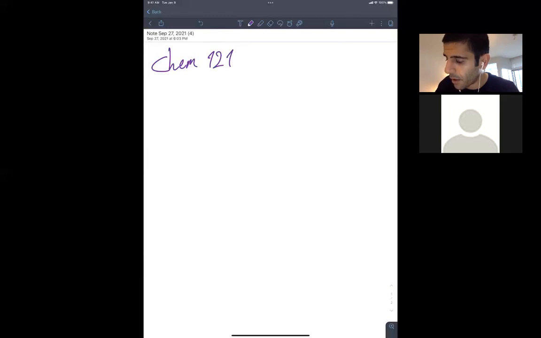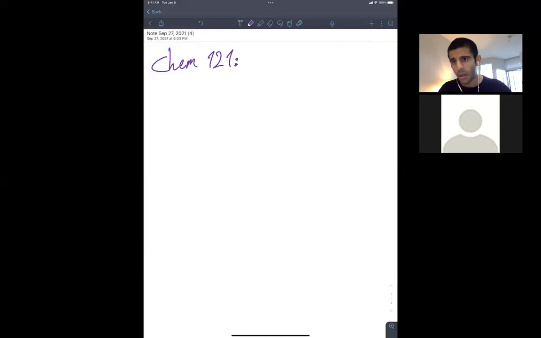CHEM121. And it also applies to CHEM111, I suppose, but CHEM111 students will catch up later. When you're talking about CHEM121, the first part is pretty general, but on the other hand is also very important.